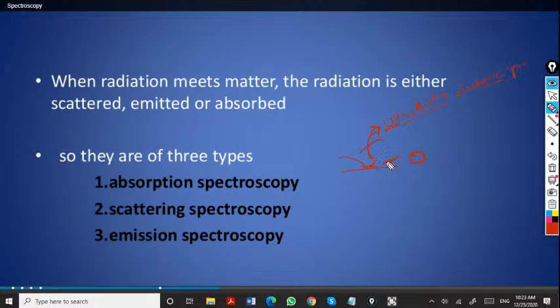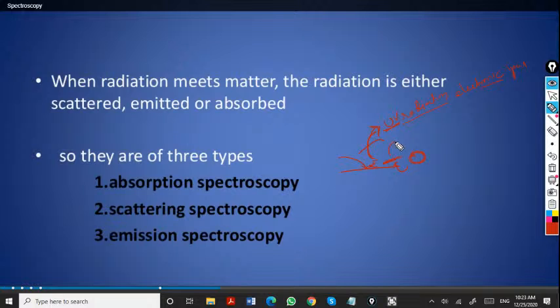When the energy is not sufficient for the electronic excitation, there are some other processes which require less energy compared to electronic excitation. They are vibration and rotation. Vibration requires slightly higher energy compared to rotation.